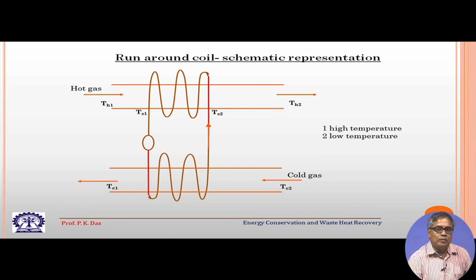What we can do is go for some sort of analysis, assuming steady state operation. Of course, the analysis will be simplified, but we can have some idea regarding the performance of this kind of heat exchanger.